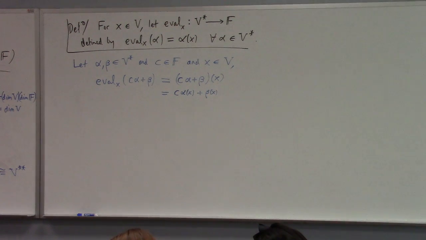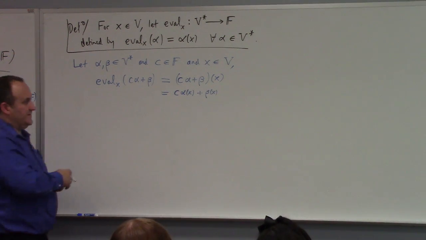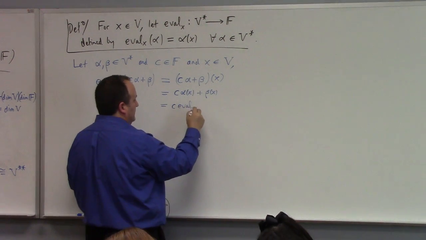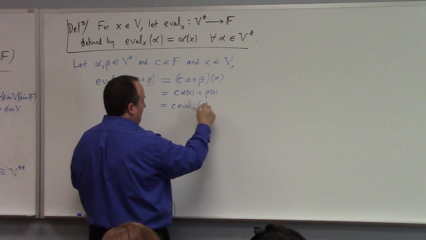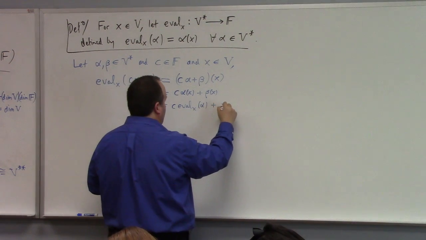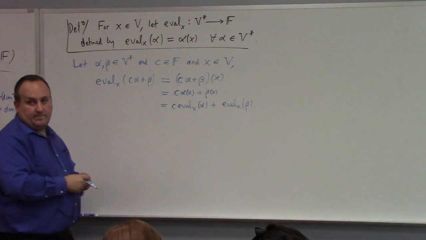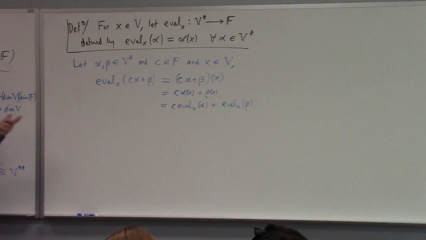Remember, linear transformations are just a particular subspace of function space, so it falls under that. And then this is C times eval x of alpha plus eval x of beta. This shows that eval x is in fact a linear transformation of dual vectors.